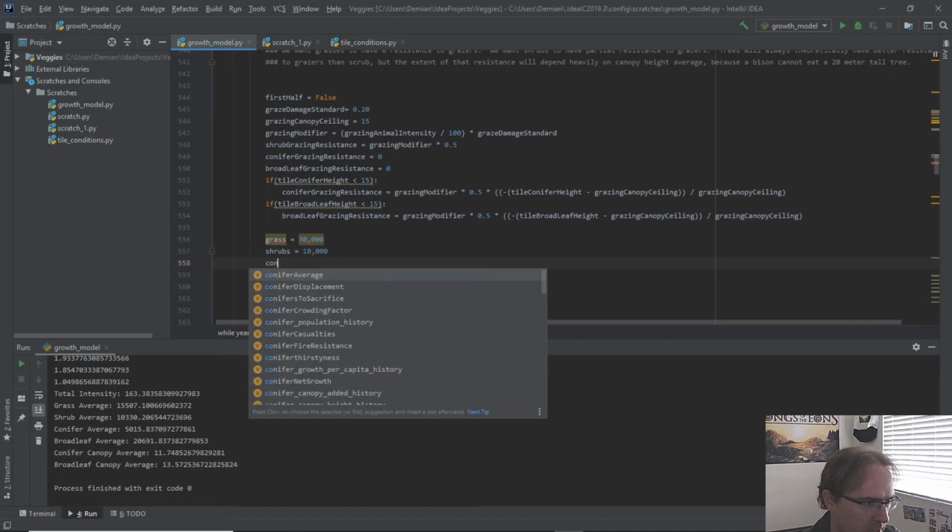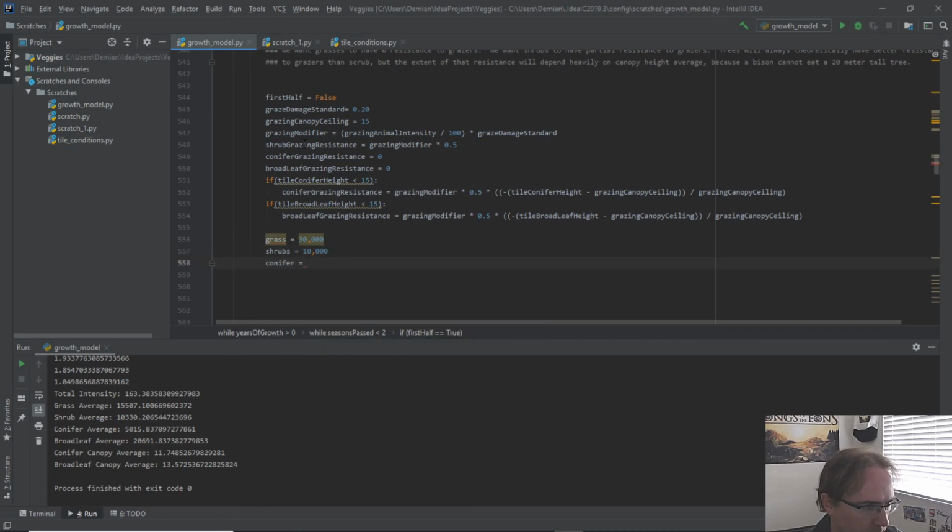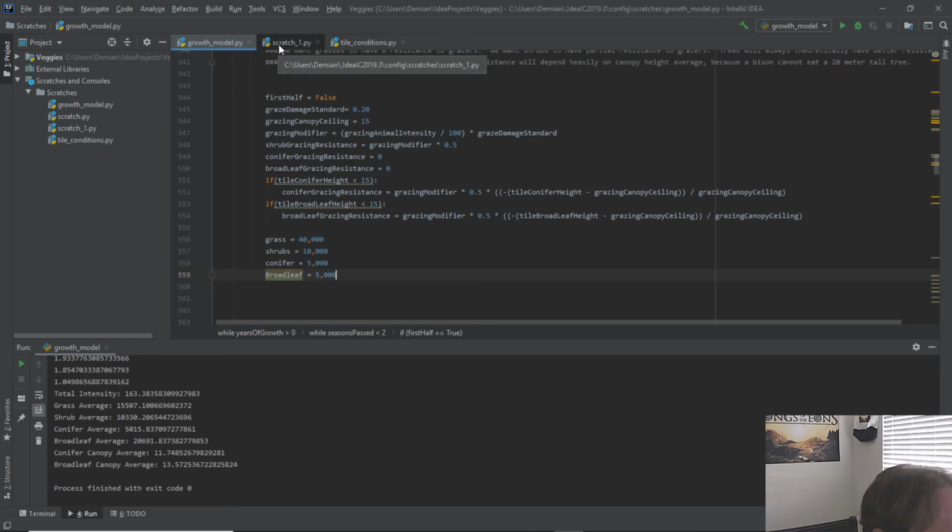For argument's sake, we can say we have 5,000. Better yet, let's cut down on our trees here. 5,000, 5,000. When you add them all together, we have 100% land cover.